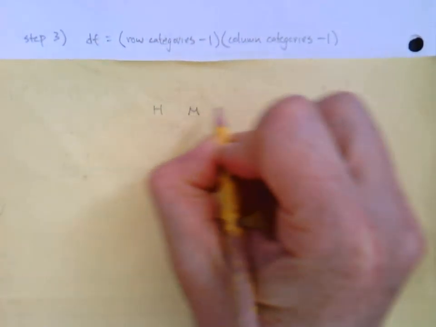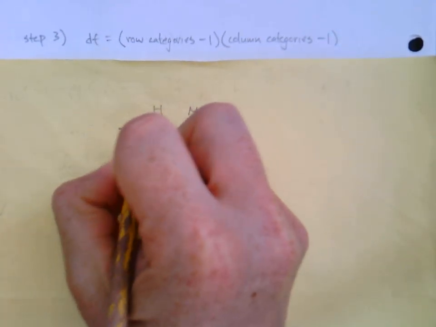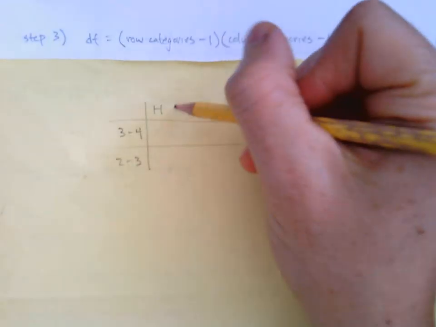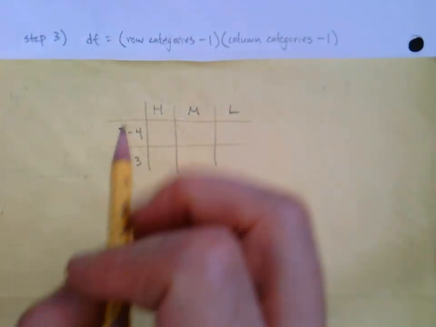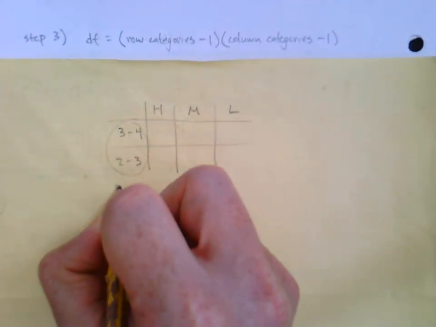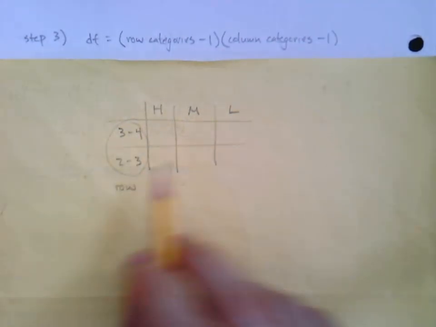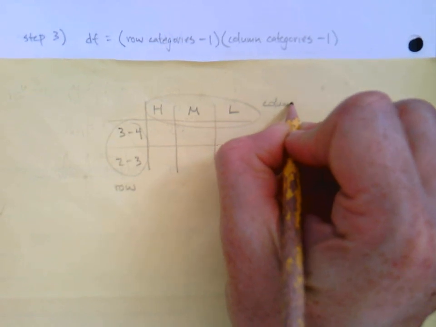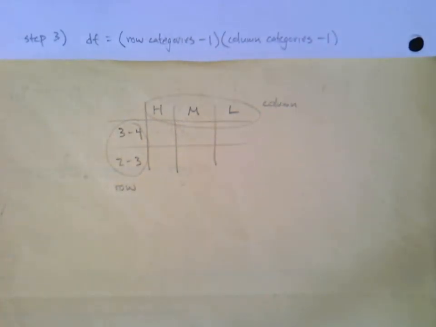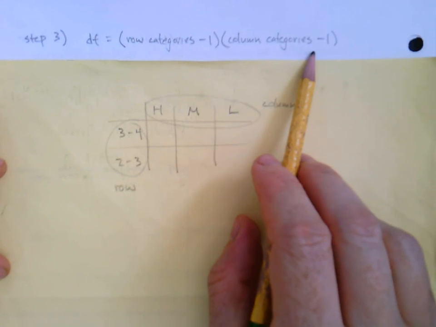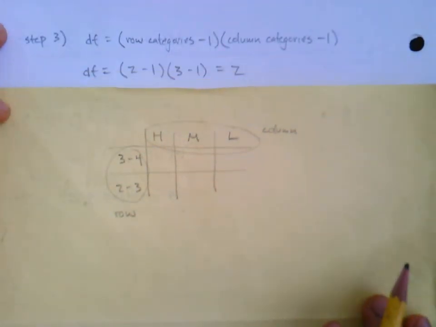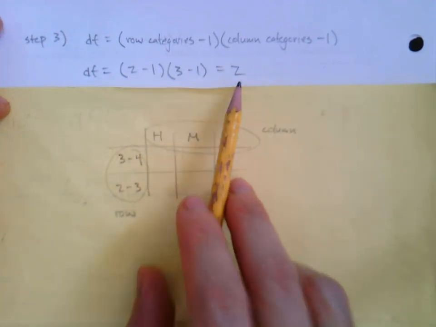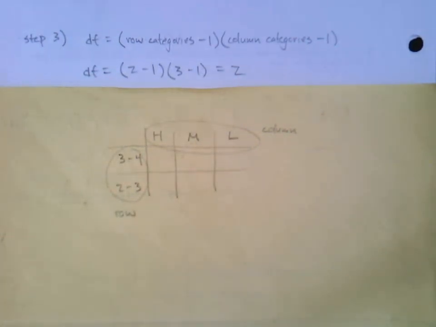We had high, medium, low, 3 to 4, 2 to 3. These are the row categories. There's 2 of them. The column categories, there are 3. So we subtract 1 from each and then multiply. That means 2 minus 1 times 3 minus 1, that's 1 times 2. We have 2 degrees of freedom here.